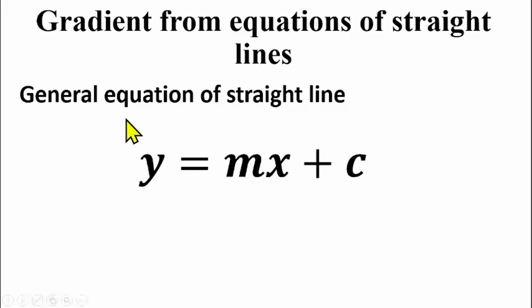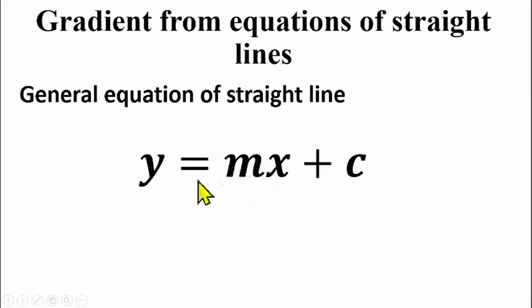Now, to be able to do that, you need to always remember the general equation of a straight line, that is y equals mx plus c. This is the general equation of a straight line, and y and x are the axes of the graph. This is the y-axis, this is the x-axis. m represents gradient, and c represents the y-intercept, where the straight line cuts the y-axis. That is what c represents.